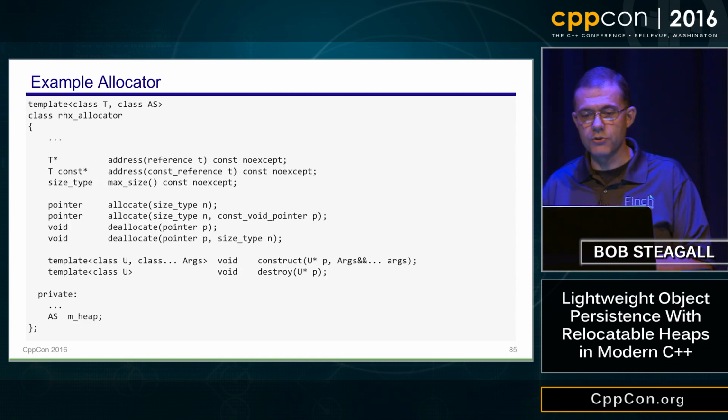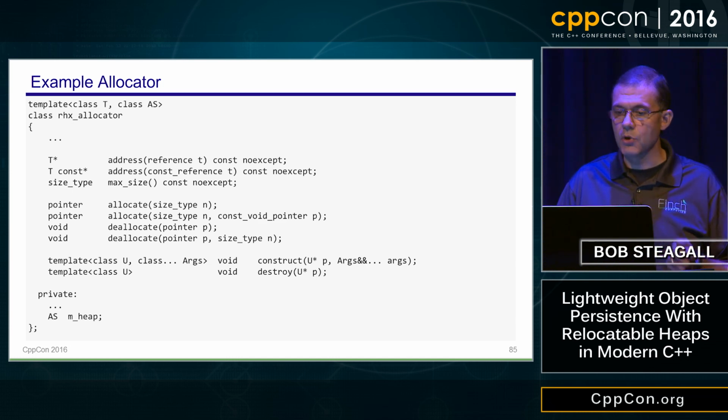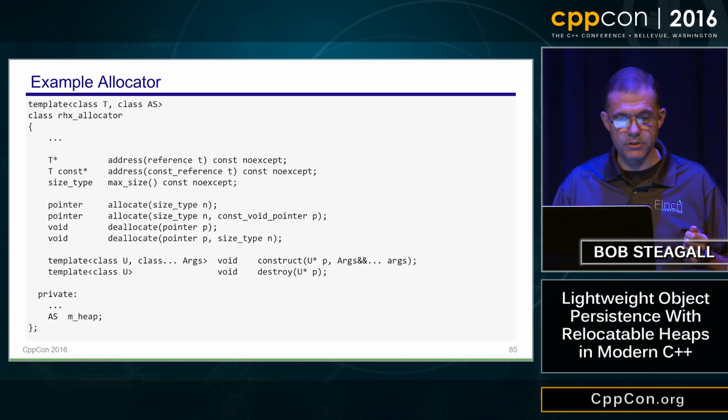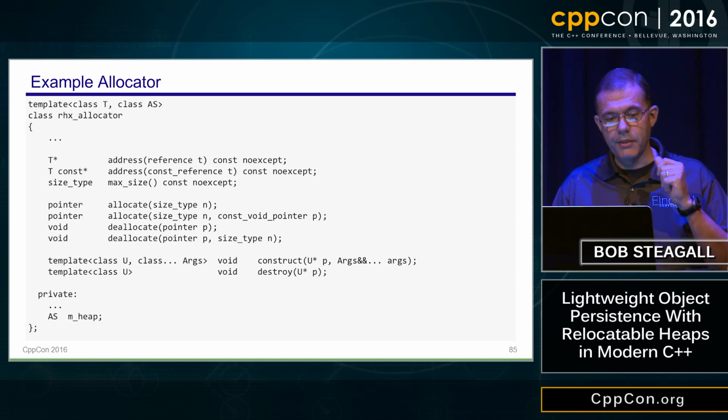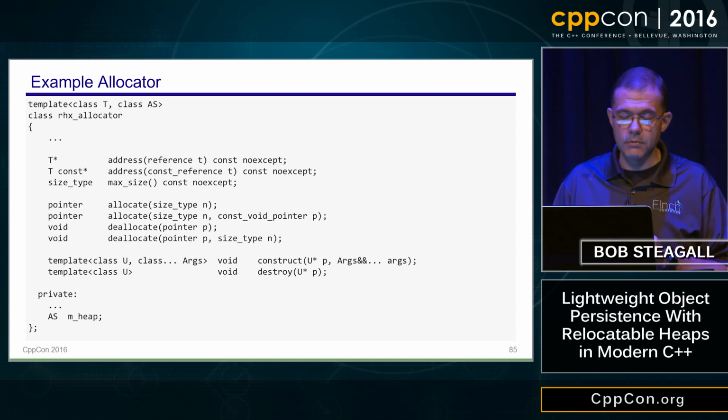The bottom half here is also pretty straightforward. The allocate and deallocate member functions simply wrap the corresponding member functions in the allocation strategy, and they return or take synthetic pointers to do their work.